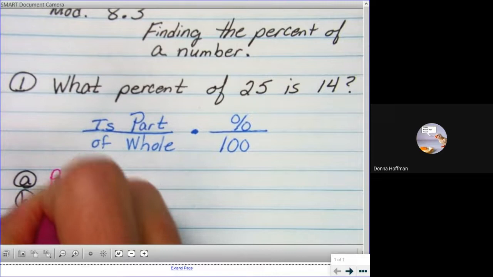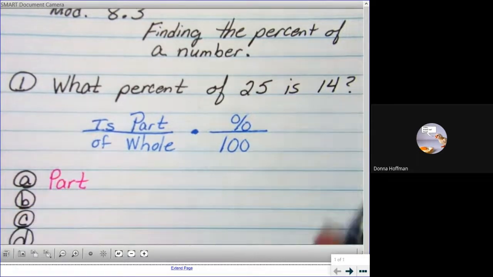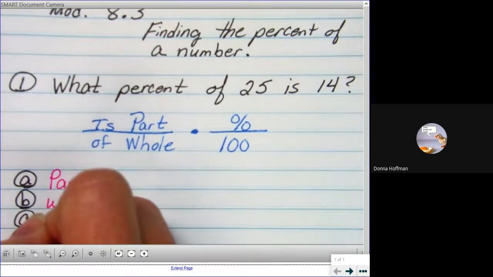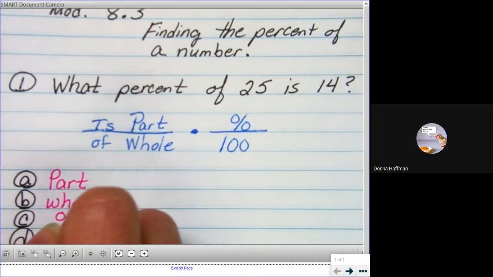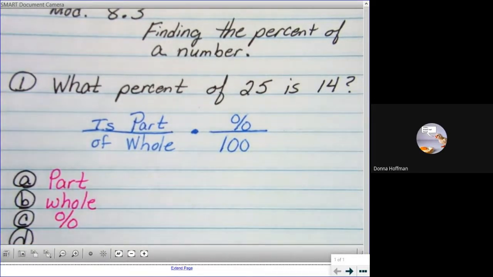Anytime I get a word problem, I'm going to look to see what the part is, what the whole is, what the percent is. And when I get those three things, then I'm going to write it down and solve it.